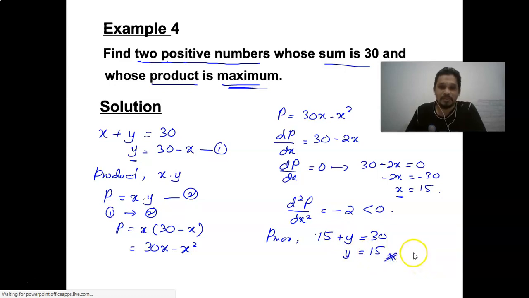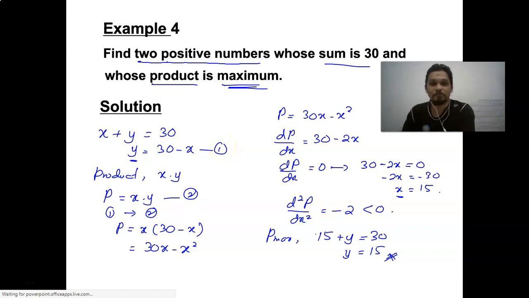So we got two positive numbers with the sum 30 and the maximum product, which is x multiplied with y, so x equal to 15 and y equal to 15. So this is the solution for question number 1.